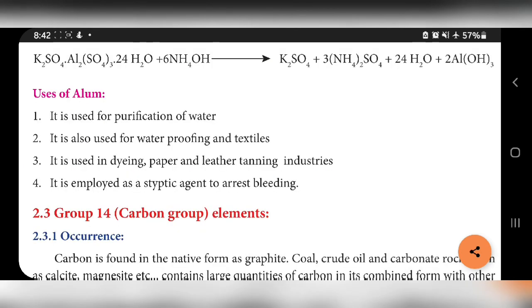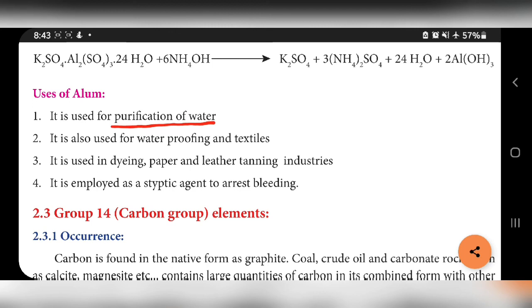Next topic, uses of alum. It is used for the purification of water. It is also used for waterproofing textiles, and it is used in dyeing, paper and leather tanning industries, and it is employed as a styptic agent to arrest bleeding.